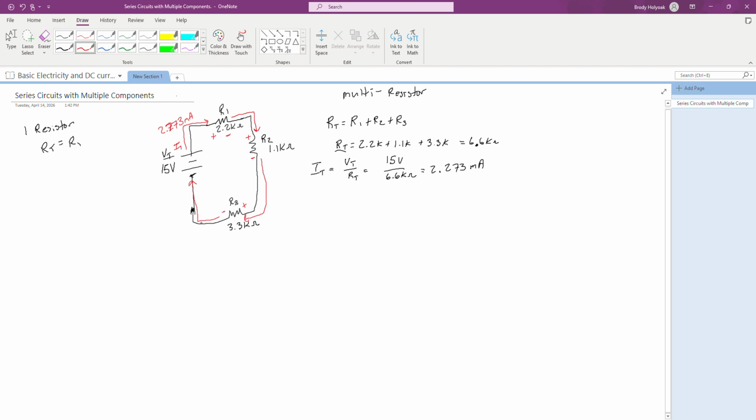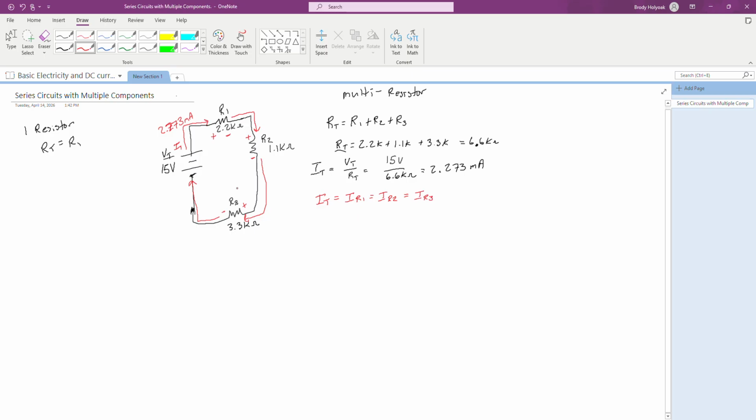Now anywhere in here, because it's a series circuit, and the rules of a series circuit say that we have to have one continuous current path, no branches, no deviations, that means this current is the same as this current, that's the same as this current. So my I total is going to be the same as my current of R1, which is the same as my current of R2, which is the same as my current of R3.